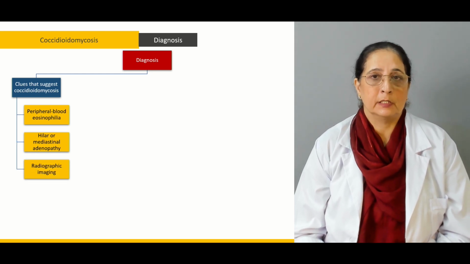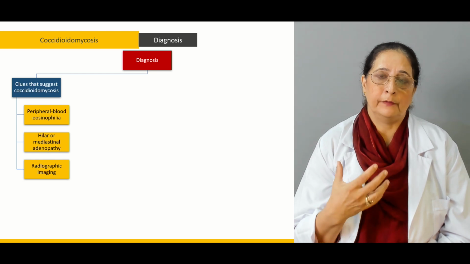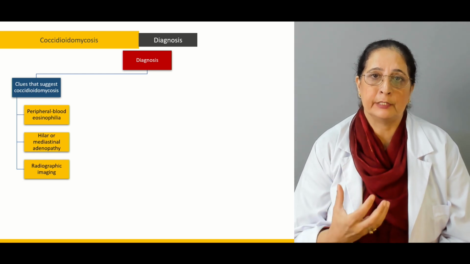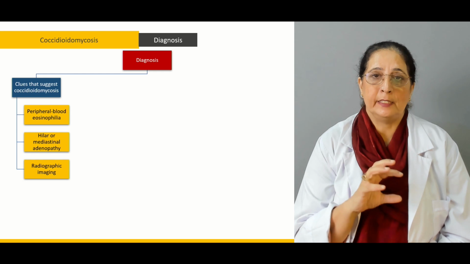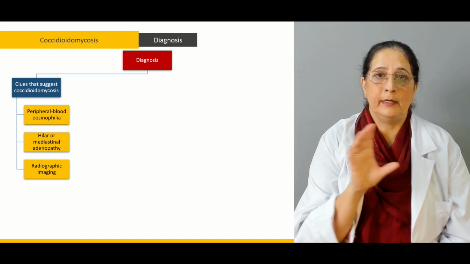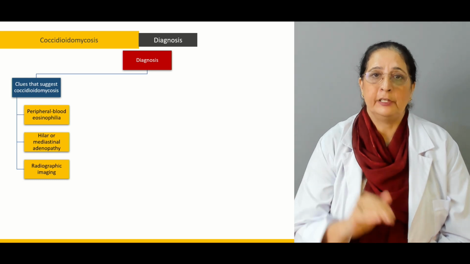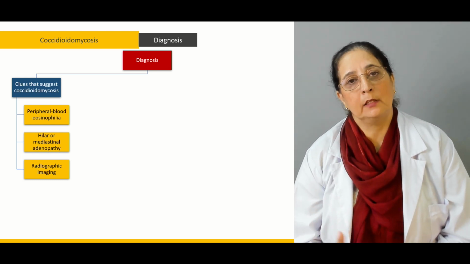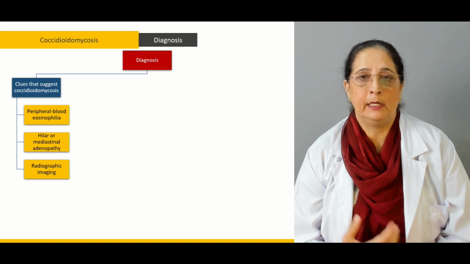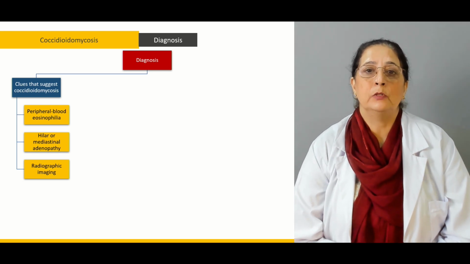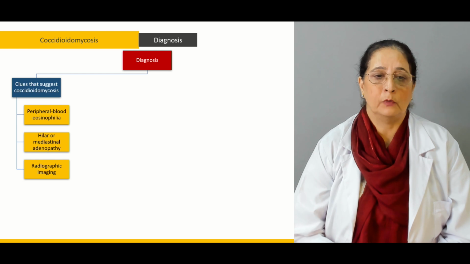Radiographic imaging: the chest X-ray showing characteristic features with scarring, fibrosis, cavitation, and calcification is not present. So these are all the findings which might be helpful in the diagnosis of coccidioidomycosis.